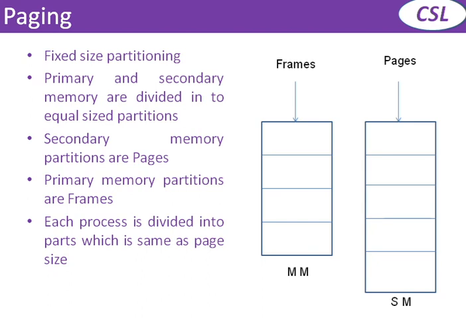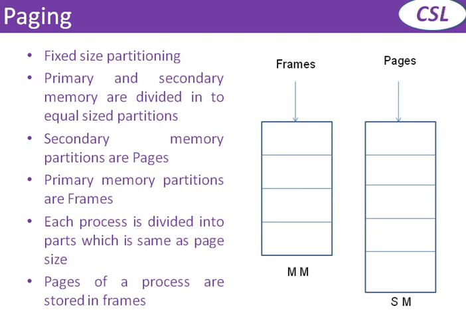Those partitions are called pages. In the main memory also we divide the memory into partitions and each partition is called a frame. And here the page size is equal to the frame size.